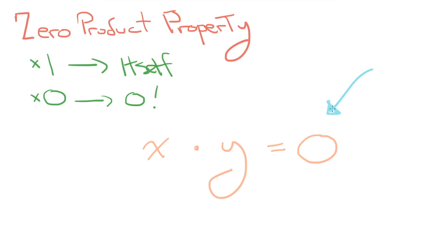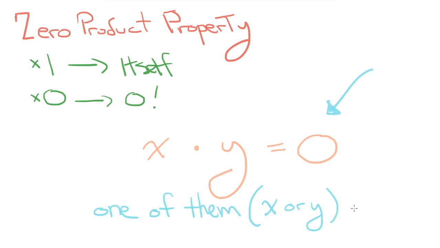So what could you say? You could say one of them, x or y, we're not too sure which, is 0. There we go. That's what we know. And that is the zero product property. It says this: if two things multiply together to give you 0, one of them has to be 0.